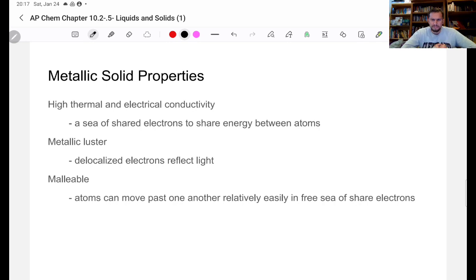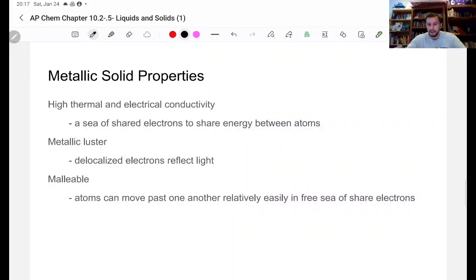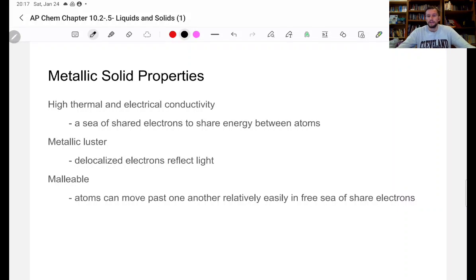Now, you might think, but the metals I encounter in my daily life, like this laptop, right, are not malleable. Like this is hard metal. Well, that gets into when we talk about interstitial alloys and things like that, where alloys can be made to increase the rigidity of the metal.